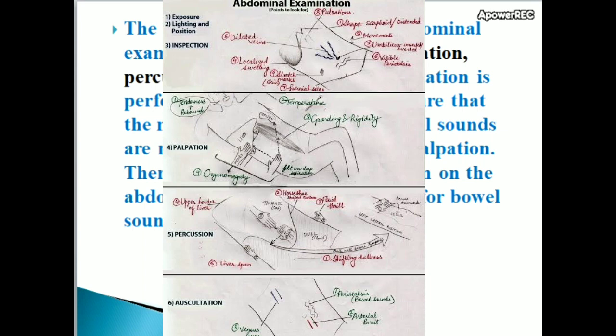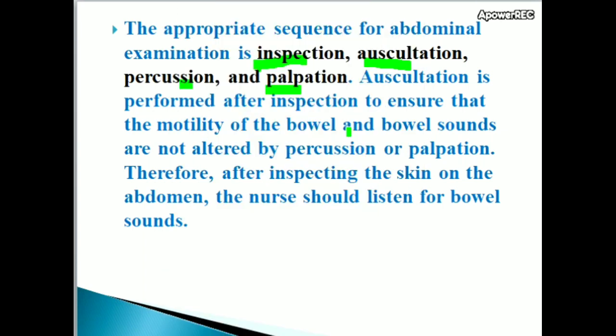This is the order. Auscultation is performed after inspection to ensure that the motility of the bowel and bowel sounds are not altered by percussion and palpation. Therefore, after inspecting the skin of the abdomen, the nurse should listen for bowel sounds.